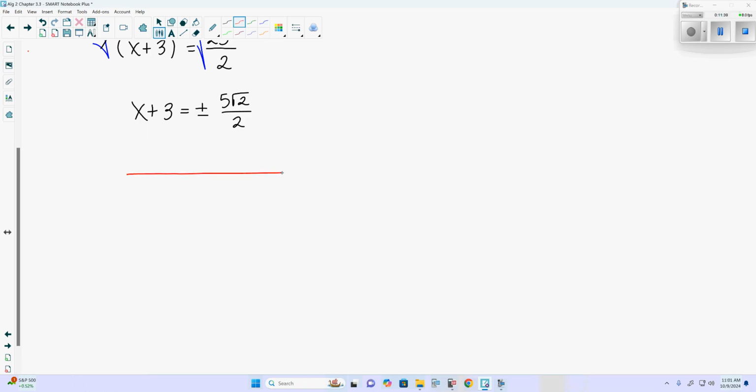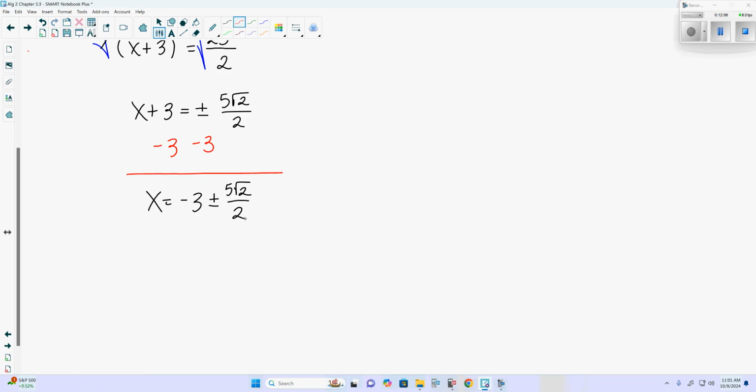Last step we need to do, we need to solve for x. We need to solve for our variable. And to do that, we're going to subtract 3 from both sides. When we add or subtract, no matter which one it is, especially when we have the plus or minus, we want to put that number in front of the plus or minus.